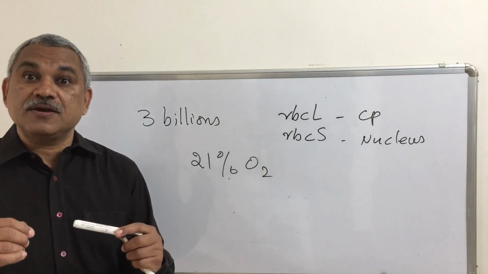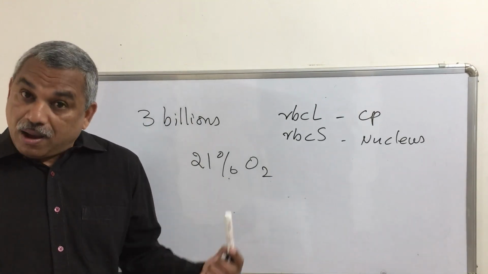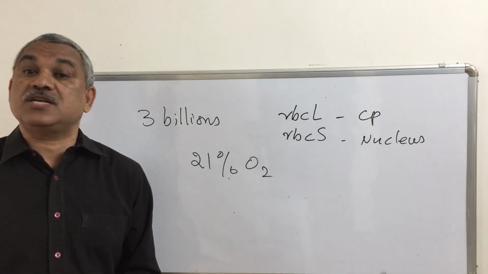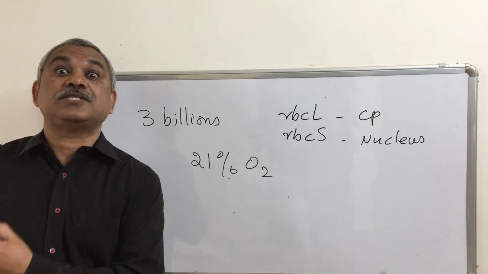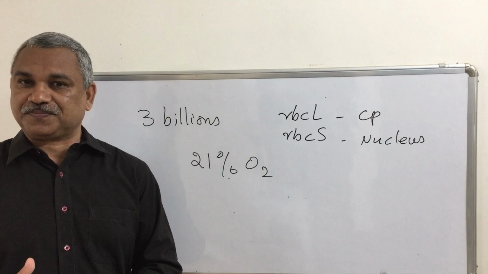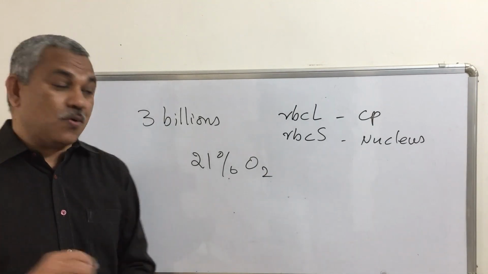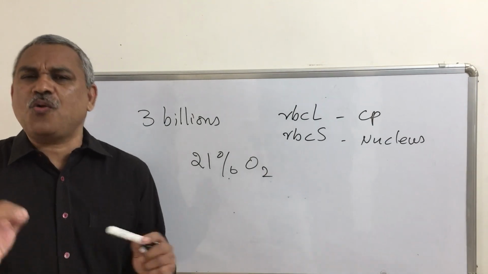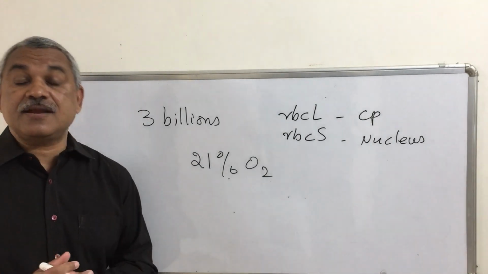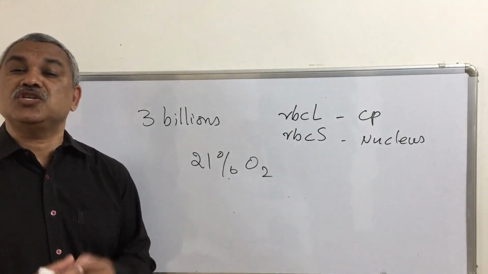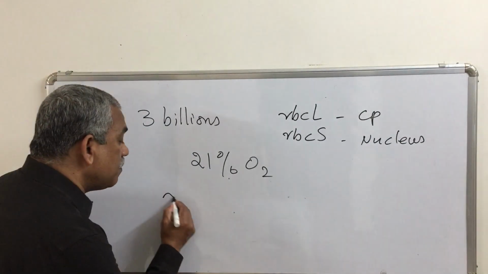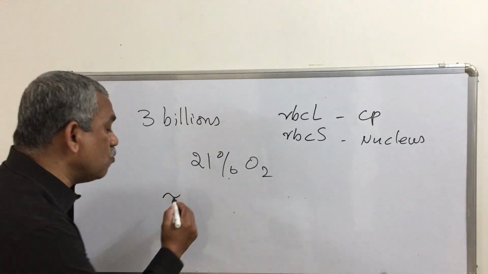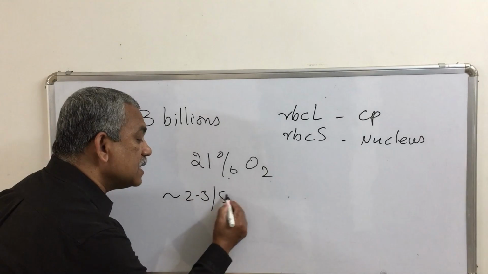In this context, we may wonder why this oxygenation reaction was not switched off in, let's say, the last 3 billion years. Also, Rubisco is a very slow enzyme. Its catalytic activity is very slow, fixing probably only 2 to 3 CO2 molecules per second.